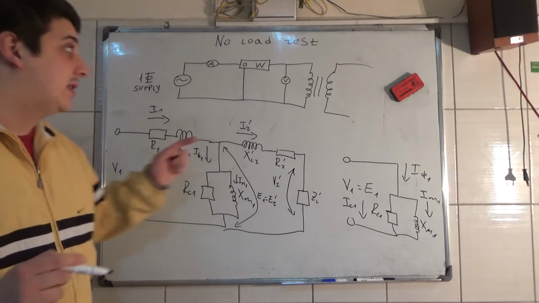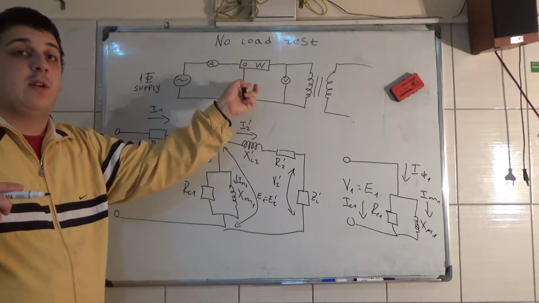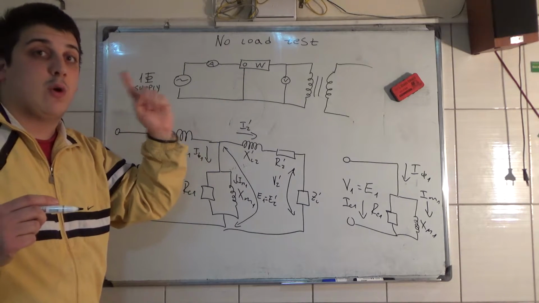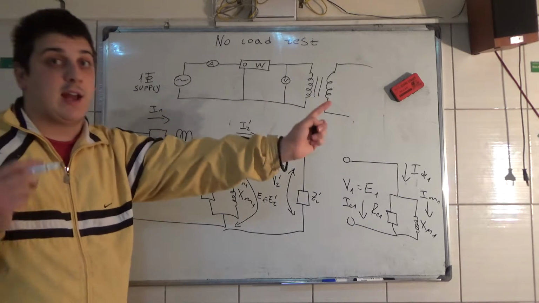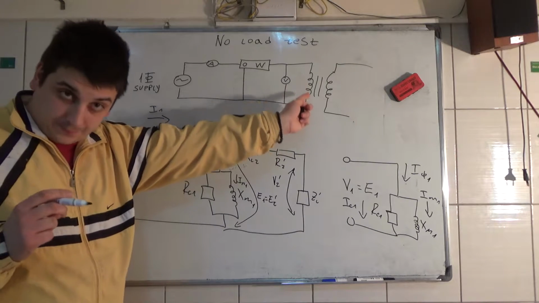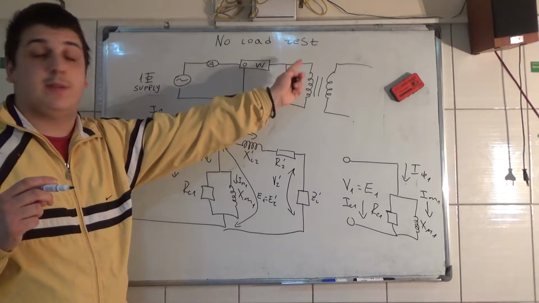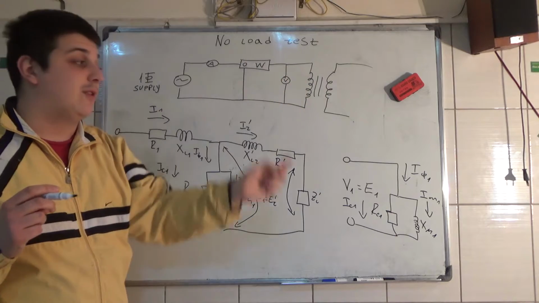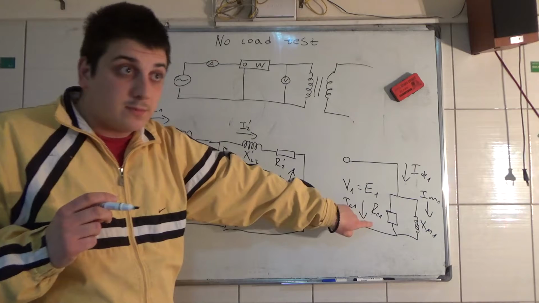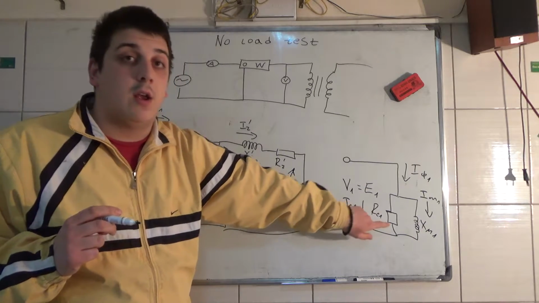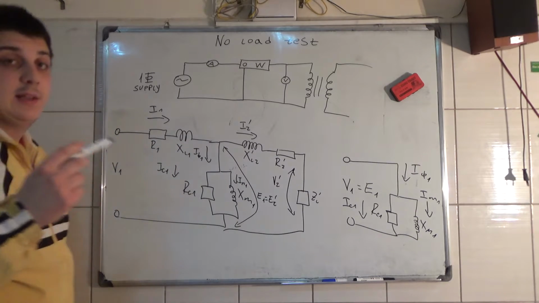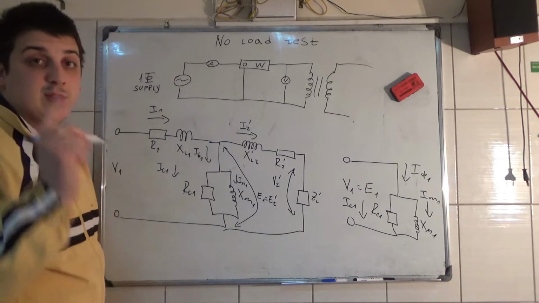Okay, now what can we do next? This wattmeter is measuring the losses, the active core losses in the magnetizing of the transformer. So this wattmeter refers to RC1. I have to say that R1 here is neglected because these values are very small.